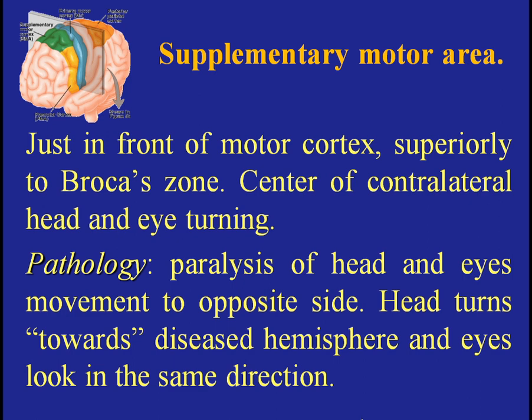The supplementary motor area is just in front of the motor cortex, superior to Broca's zone, the center of contralateral head and eye turning. In case of pathology, paralysis of head and eye movement to the opposite side. Head turns toward the diseased hemisphere and eyes look in the same direction.